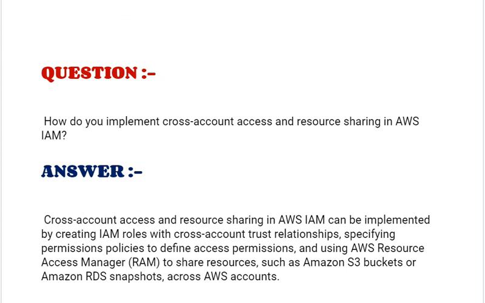Your answer should be: cross-account access and resource sharing in AWS IAM can be implemented by creating IAM roles with cross-account trust relationships, specifying permissions policies to define access permissions, and using AWS Resource Access Manager (RAM) to share resources such as Amazon S3 buckets or Amazon RDS snapshots across AWS accounts.